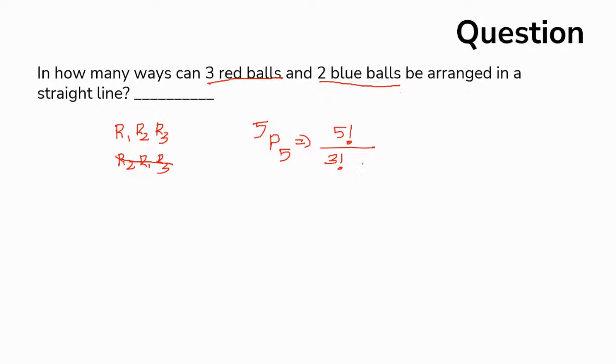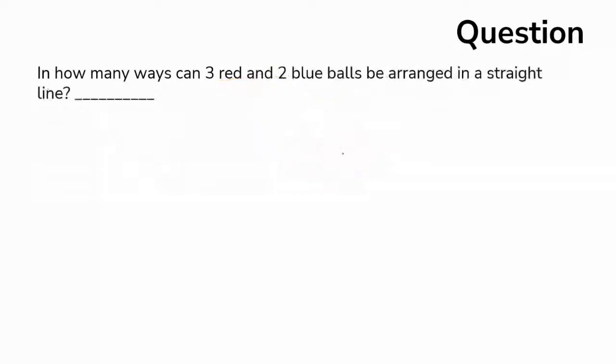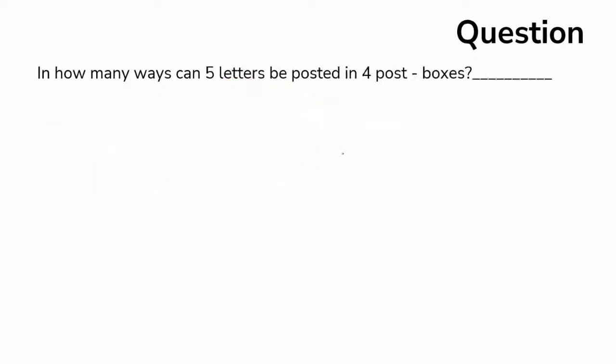Because of the two blue balls we get the arrangement changed, so also 2 factorial. So this is the answer for the question: the number of possible straight-line arrangements is 5 factorial divided by 3 factorial times 2 factorial. Hope you guys are getting this. And try to answer this question fast.